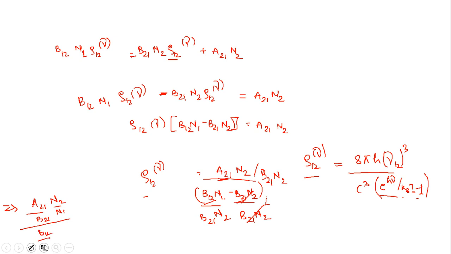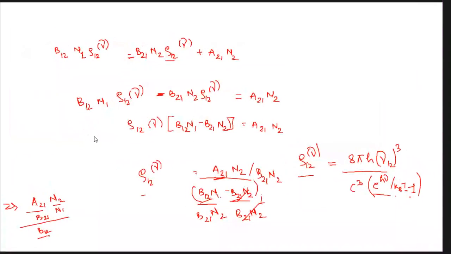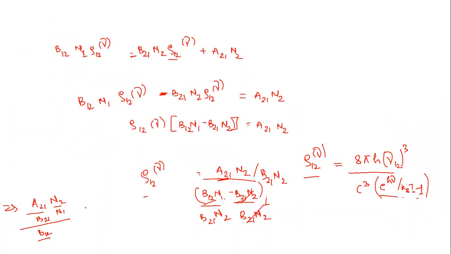And this will come to be B12 upon B. Just a second, I'll write it on the top side. So it will come to be A21 upon B21 into N2 by N2.